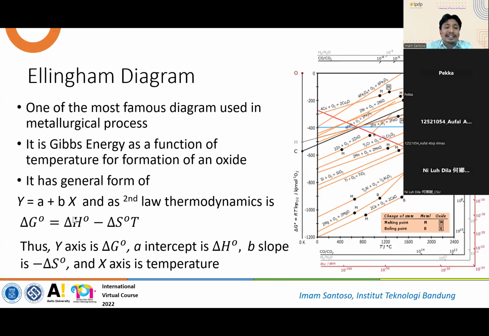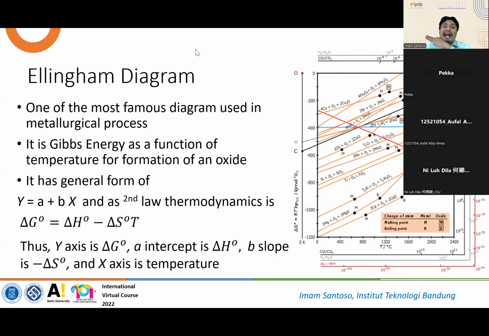Because Gibbs energy is delta H minus delta S times T, the A, or the intercept, tells you about delta H, and the B, or the slope, or the gradient, tells you that it is minus delta S. So this is really, really important.